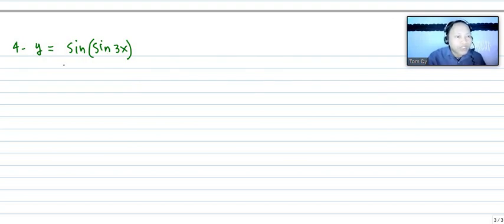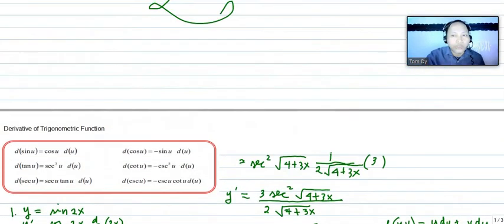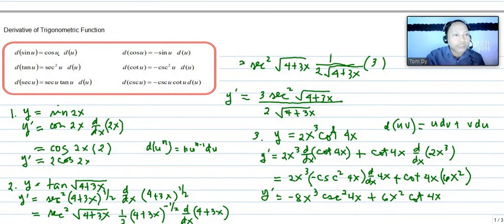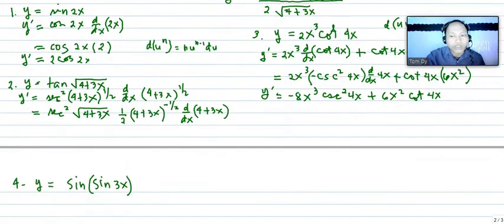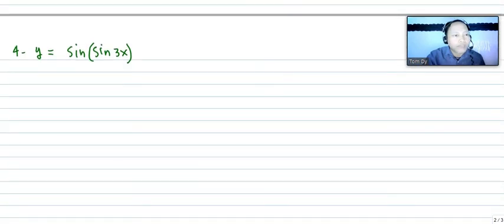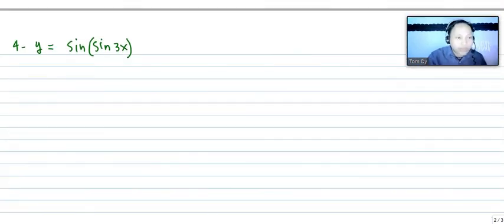Okay, sine u. When we take the derivative of sine u, take note, the derivative of sine u equals cosine u du. So take note of that formula. This will be our u. So the derivative, we have here y prime equals the derivative of sine u, which equals cosine of u, that is sine 3x, cosine u times the derivative of your u, which is sine 3x.